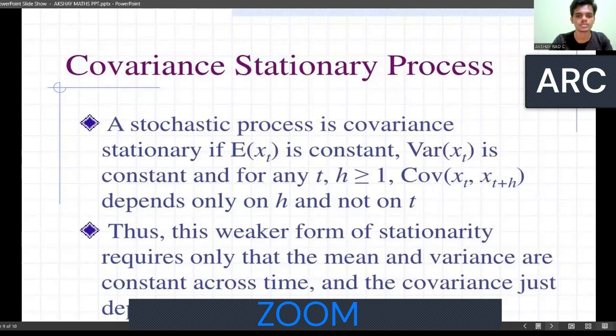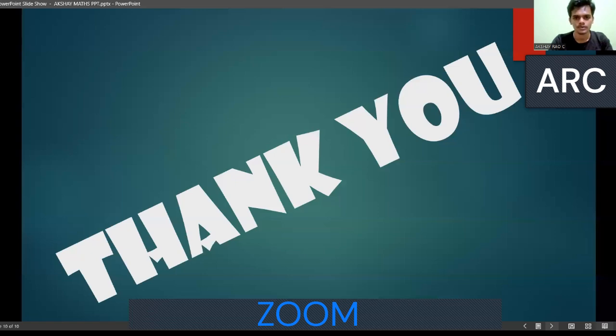A stochastic process is covariance stationary if E of Xt is constant, the variance of Xt is constant, and for any t and h greater than or equal to 1, the covariance of Xt and Xt plus h depends only on h and not on t. This weak form of stationarity requires only that the mean and variance are constant across time, and the covariance just depends on the distance across time.